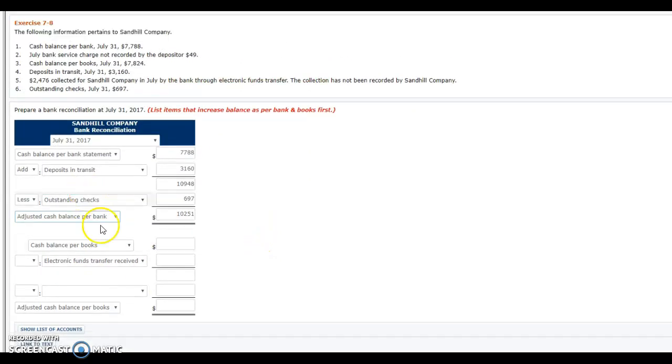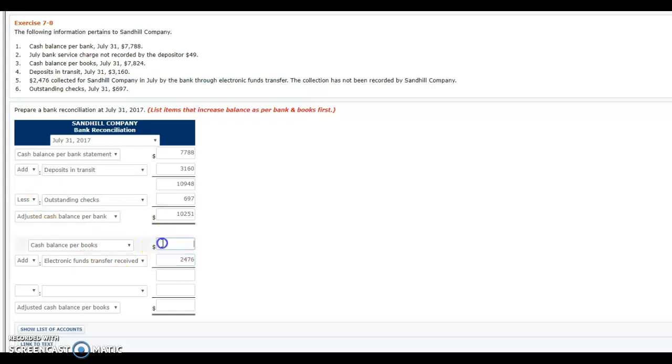And that's our adjusted cash balance per bank right there. And then next we will do the cash balance per the books. So we started with the cash balance per the bank statement, and now we're doing per the books. We're going to start by adding in the electronic funds transfer that we received. Electronic funds transfer of 2476.